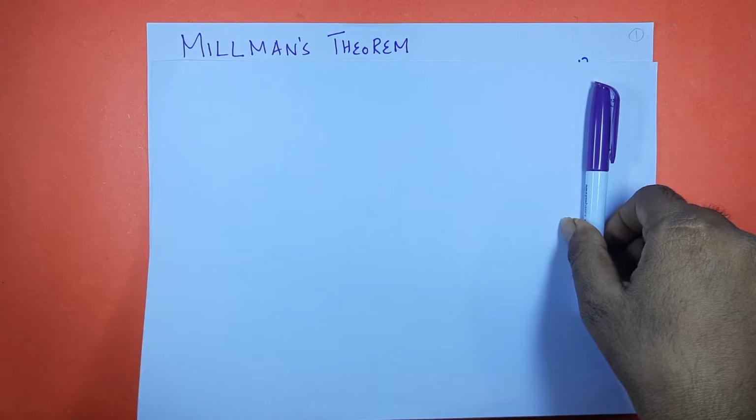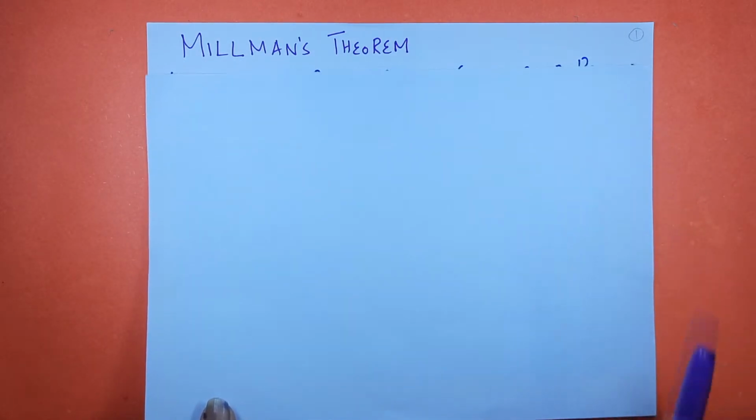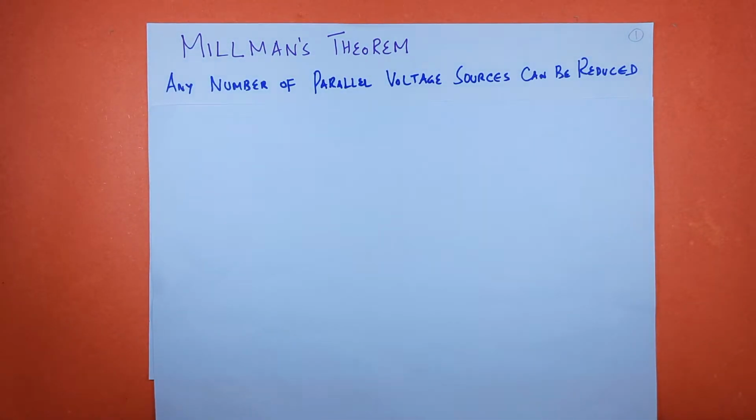The next theorem we have is the so-called Millman's theorem. Using this theorem, a number of parallel voltage sources can be reduced to one single voltage source.